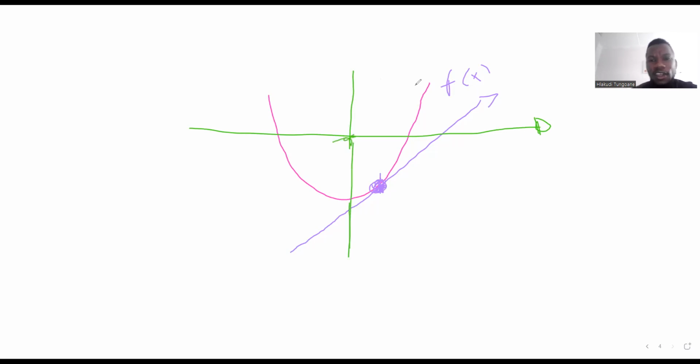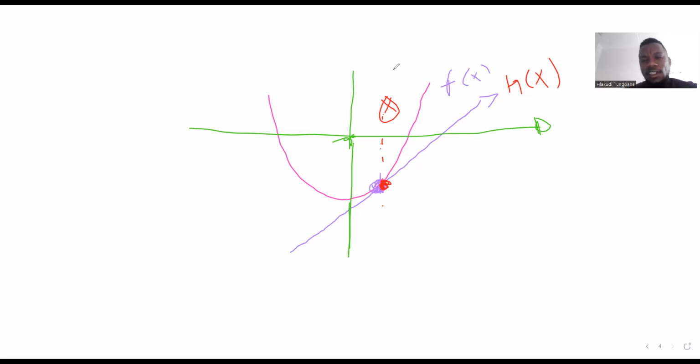So the key is that at this value of x, this line, let's just say h of x, has the same gradient as f of x at this point. And at the same time, they share the same point, right? They share the same point.